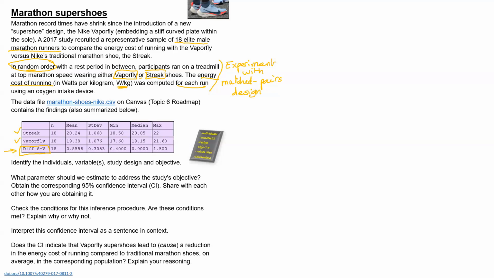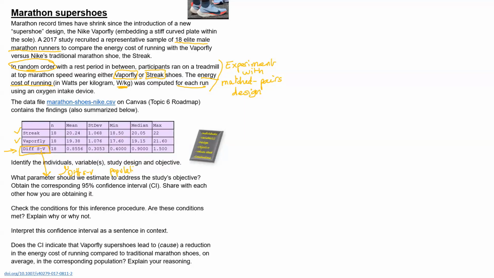So when we want to estimate a parameter of interest here, that would be the mean of this variable in a population of individuals like the one studied. That is, we're going to be interested in the mean difference mu diff S minus V for the population of all elite male marathon runners in treadmill conditions running at top marathon speeds.